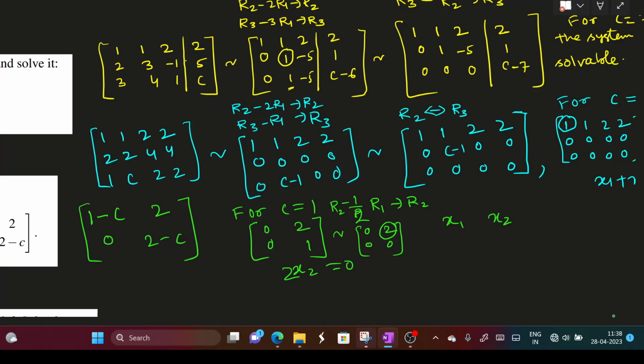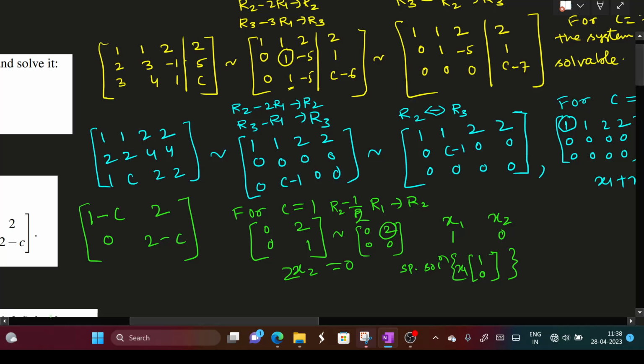So 2x2 is equal to 0 means here x1 is free, its value is 1, x2 is 0. So only in that case the special solution is only one solution, or the set of all linear combinations of (1, 0) into x1. For every value of x1 we will get one solution.